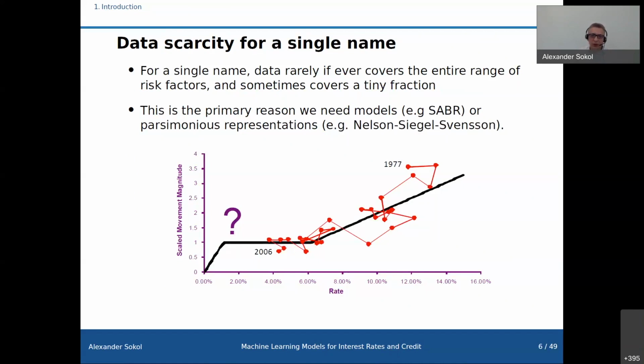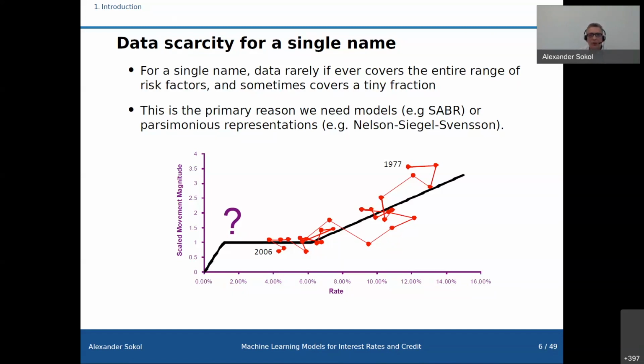I'm not talking about other asset classes today, but if this is commodity, this would be the commodity. If this is equity, this would be the equity name or an ETF. So data scarcity means that for a single name, data rarely, if ever, covers the entire range of risk factors, and sometimes covers a tiny fraction, right?